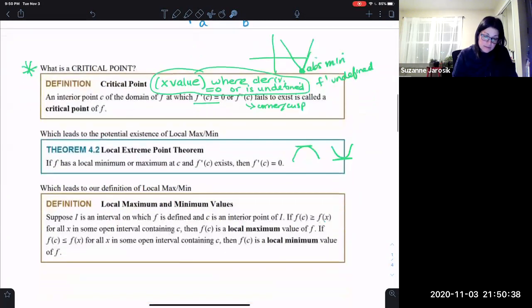All right, local max and min value. Suppose I is an interval on which F is defined.